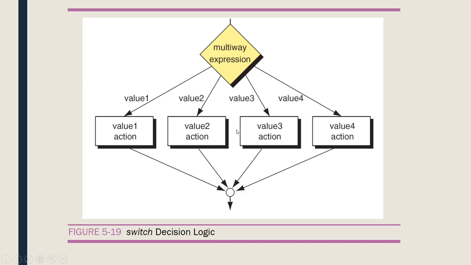There are actions that cannot be executed depending on how we design our program. So for example, if the value of the multi-way expression is value 2, only these actions under value 2 will be executed and the program ends the fragment.